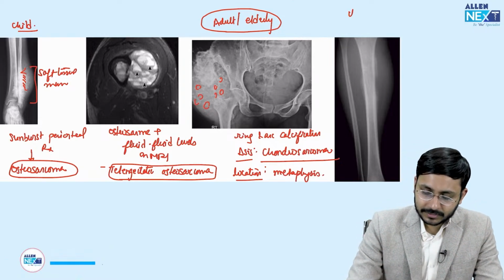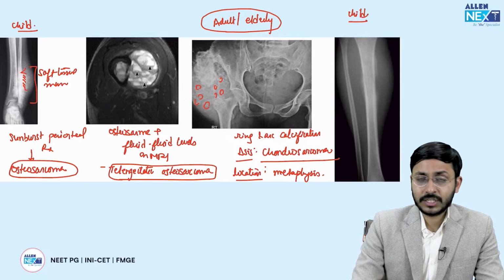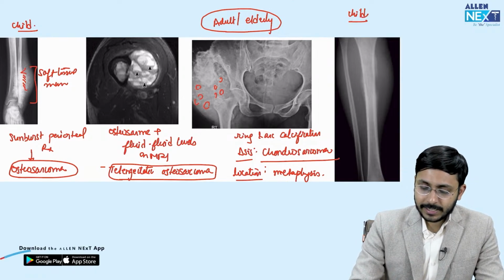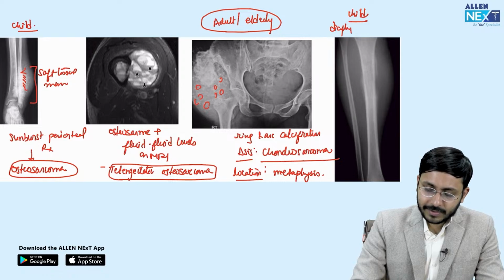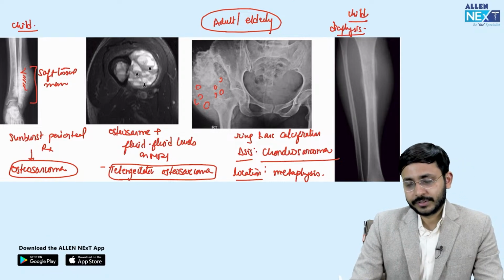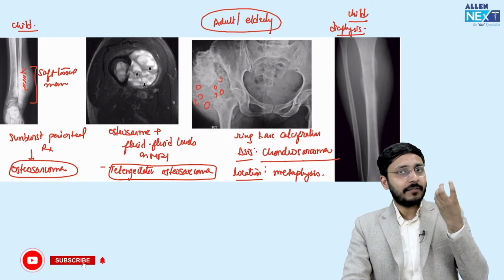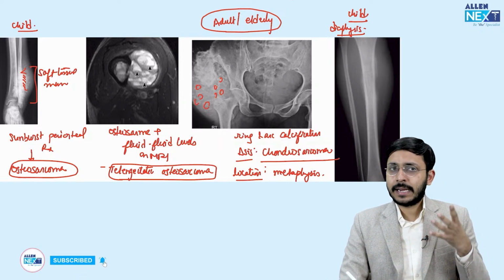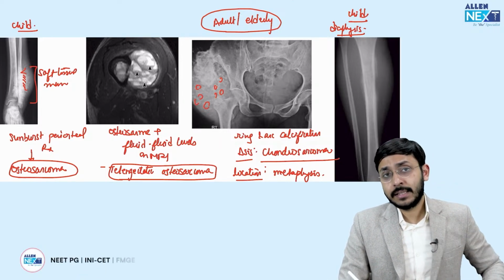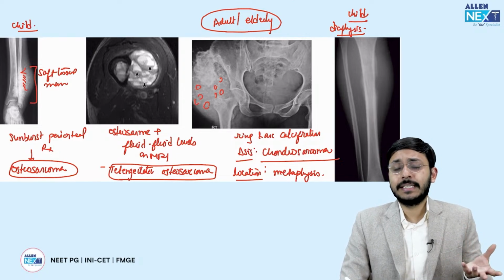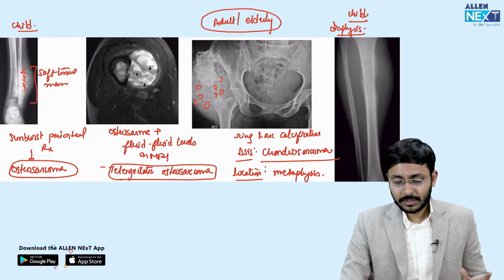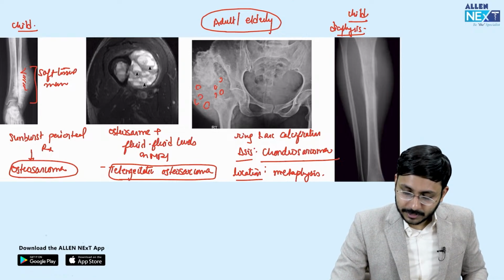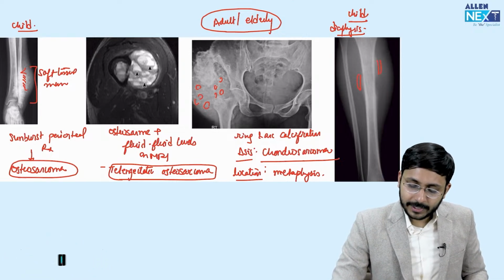Now coming on to the next bone tumor. If it's given that it is a tumor involving a child and it's involving the diaphysis of bones, and this tumor mimics infection in some way, the patient can have redness, fever, erythema, and even raised TLC, etc. And on an X-ray, what do you see? You see this lamellated periosteal reaction.